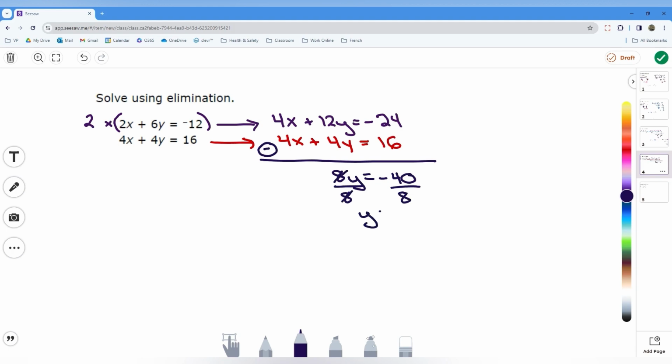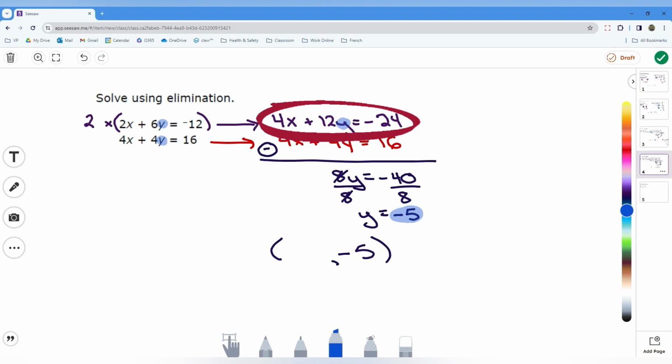So now I have my answer of, well, how many times can 8 go into 40? That's 5 times. So the answer is -5. Now we have our y value for our solution set. Once again, let's take that y value and let's put it into either equation 1, equation 2, or my equivalent equation.